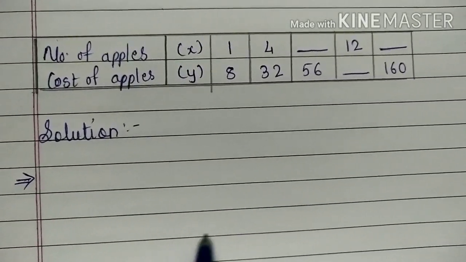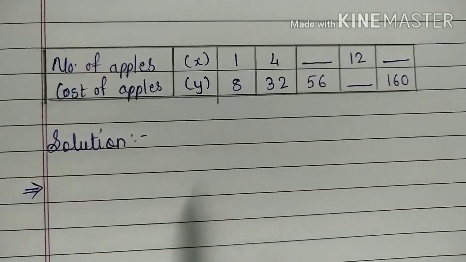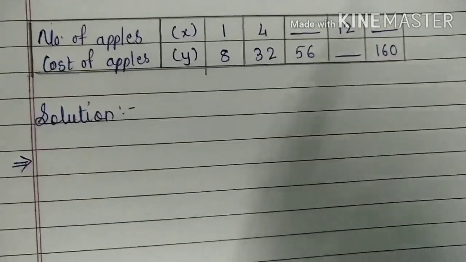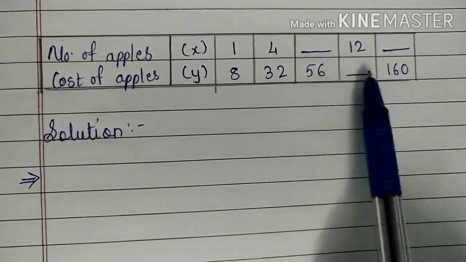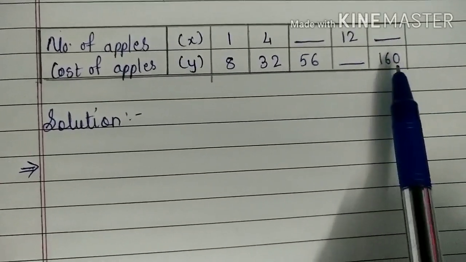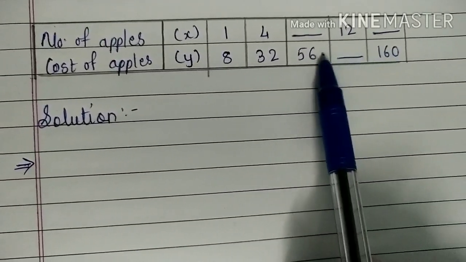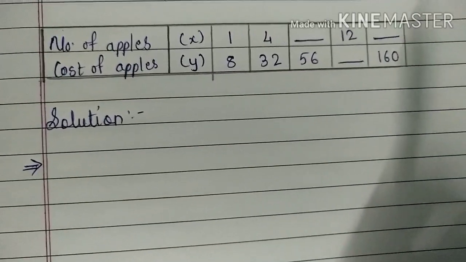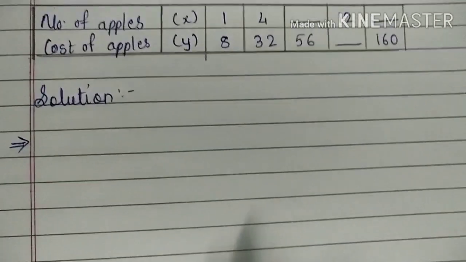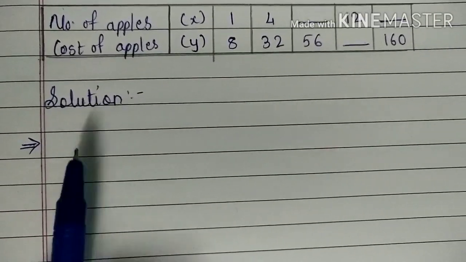First we are going to find the equation of direct variation, and then using that equation we are going to solve these three sums. Out of these three sums I'll be solving one, the remaining two you will have to solve. And the formation of the equation I'll be showing.